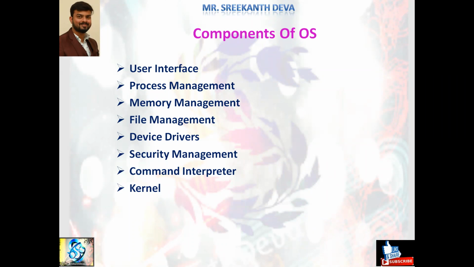Here, what is the user interface? This component of the operating system directs what you see on the screen and reacts to your key presses and other inputs. The user interface could be a basic command line interface, simply called CLI, or it might be a graphical user interface, GUI.